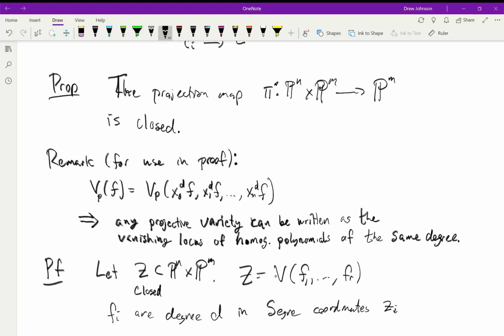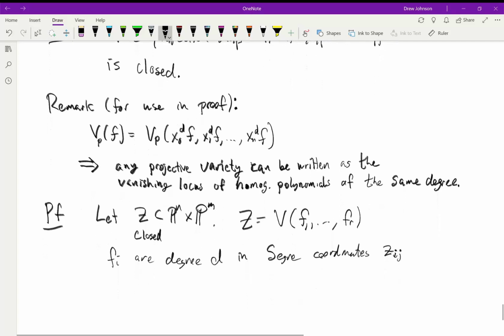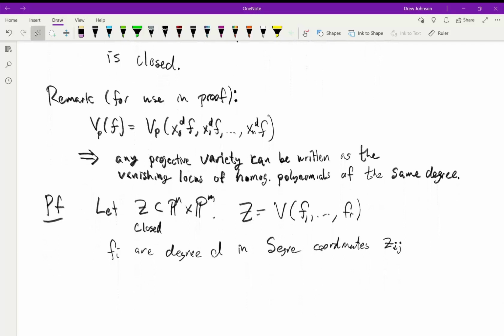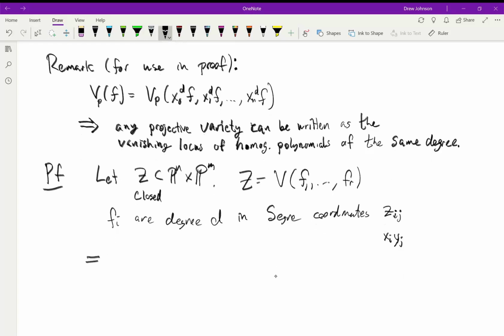So remember, in the last lecture, we showed that the product of two projective spaces is a projective variety using the Segre embedding, and the Segre embedding had these coordinates Zij. But also remember that the coordinate Zij corresponds to xi yj, where xi was one of the coordinates on Pn and yj is one of the coordinates from Pm.